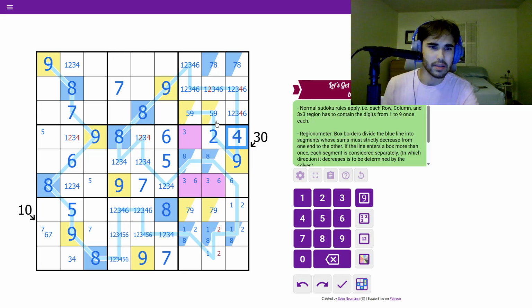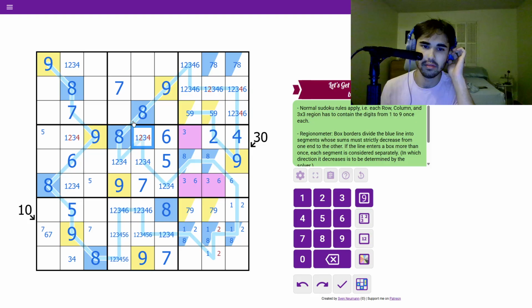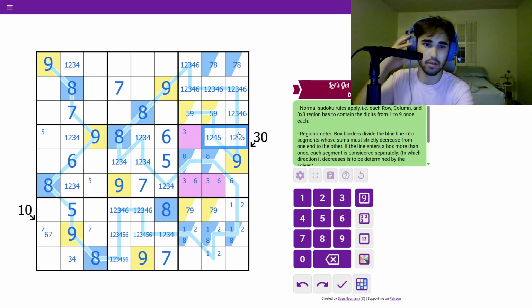I don't know why, but it's because it forces this to be 1-3. And then 5-7. I just don't know if there's a problem with that. I don't think there is. Is there a problem with using 1-5?